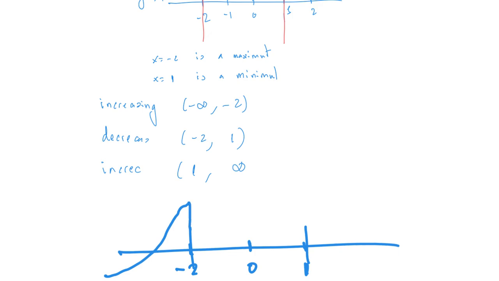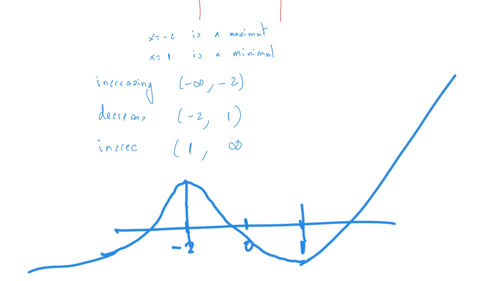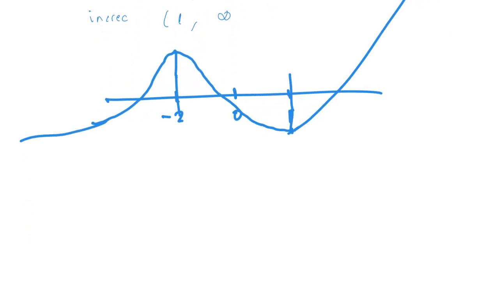A maximum. To the right of minus 2, the function is decreasing and goes like this. But at the point 1 is a minimum. And later on, it does like this, increasing. So this is the shape of the function, but I don't know if the function may do like this and may not be crossing this.